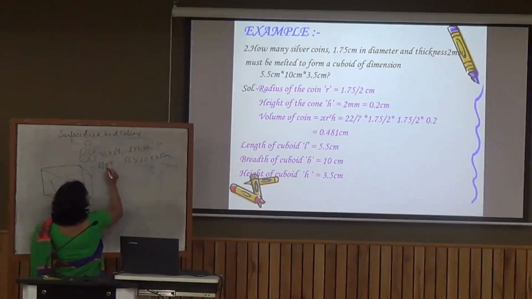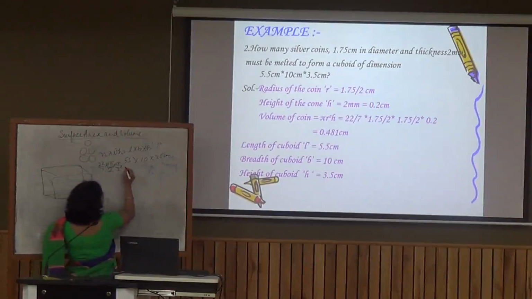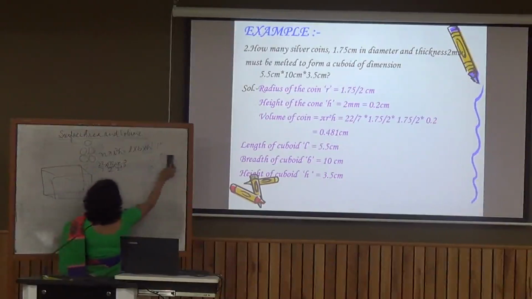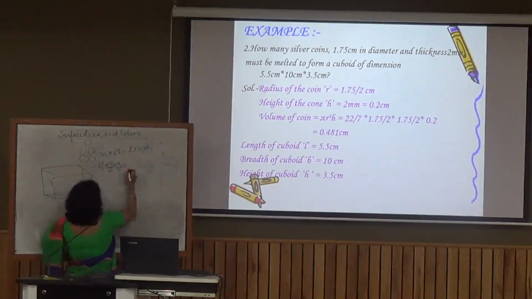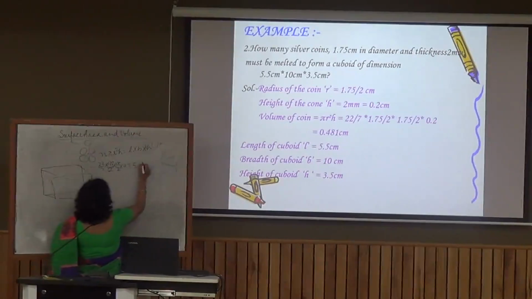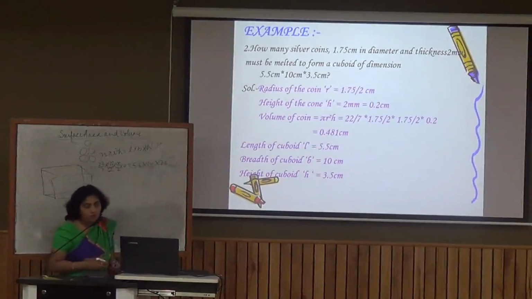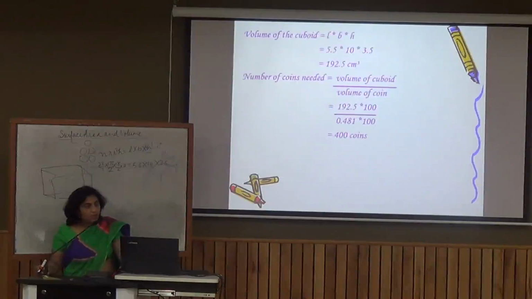Radius of coin will be 1.75 upon 2, and our height is thickness, which is 0.2 centimeter. We equate two volumes to get the number of coins which are being melted to form the cuboid. And we get number of coins as 400 coins.